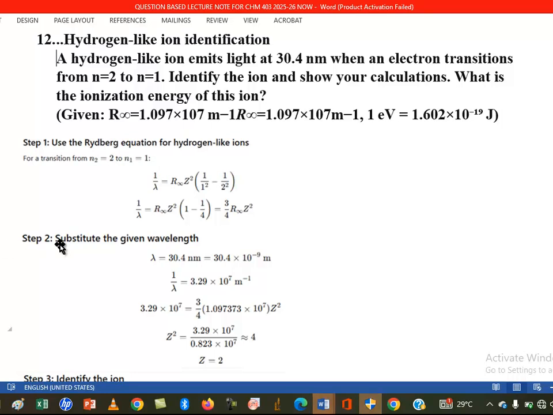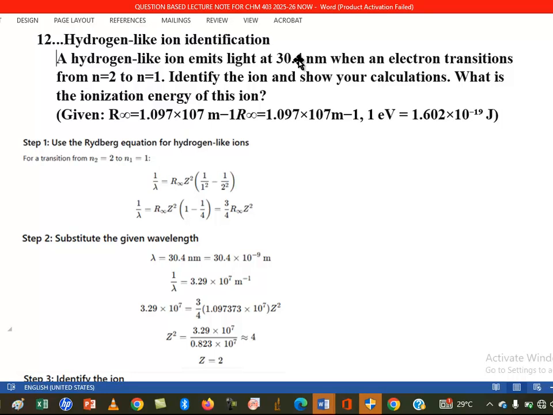Now we are looking at step 2. You substitute the given wavelength. Remember, you are given the wavelength of light. It emits light at 30.4 nanometers, which is equal to 30.4 times 10 raised to the power minus 9 meters, since nanometers means 10 raised to the power minus 9 meters.